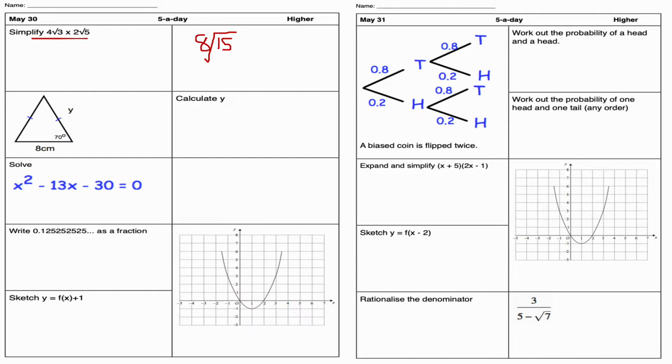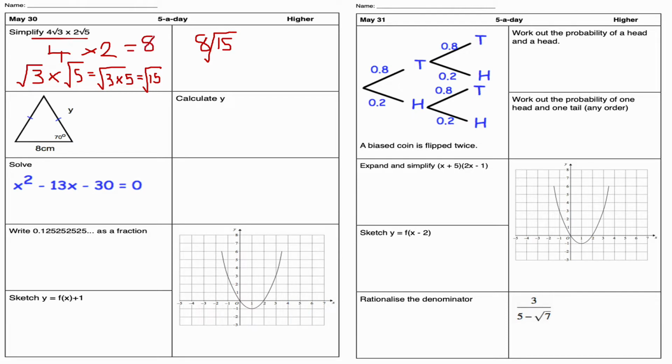So 4 times 2 is 8, and root 3 times root 5, I can write under 1 square root, like this: 3 times 5, which is root 15. Four 2's are equal to 8, guys.